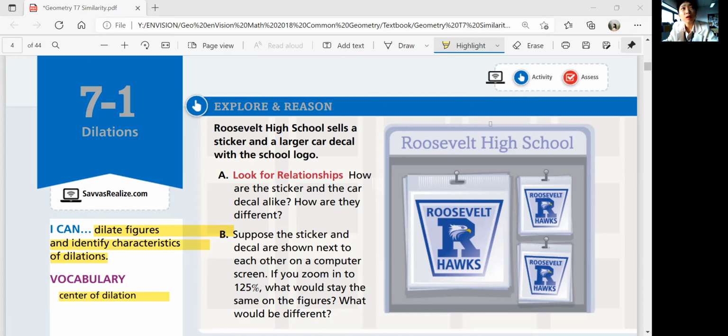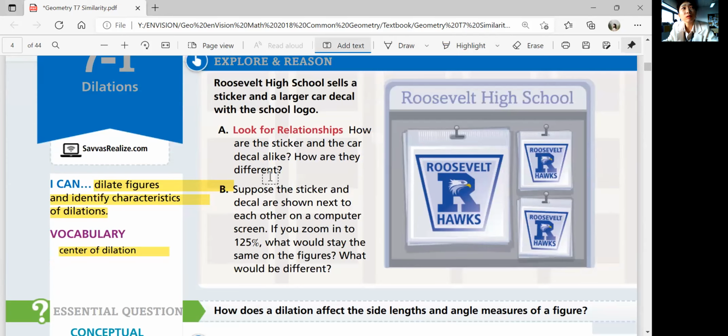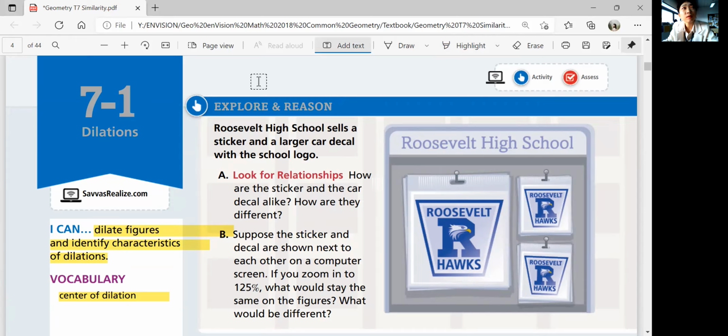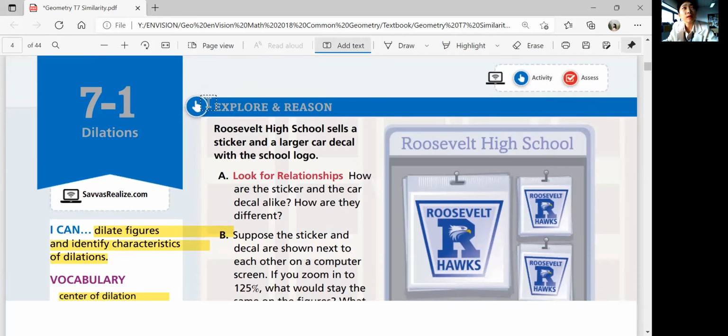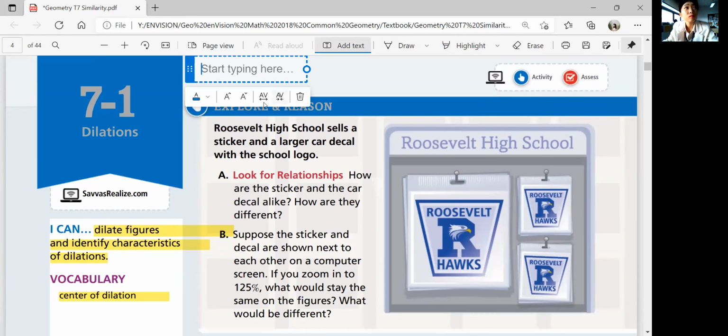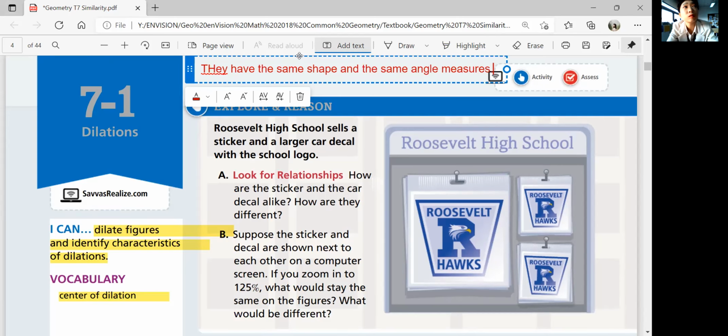So part B, or let's go ahead and write part A down. I'm going to write part A over here. Okay, you can say they have the same shape and the same angle measures. What's different?